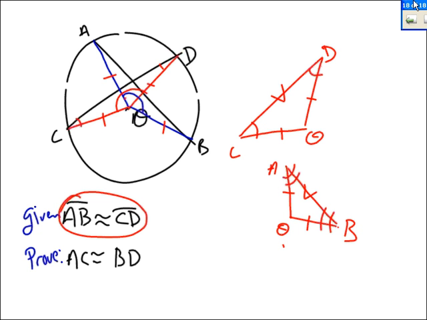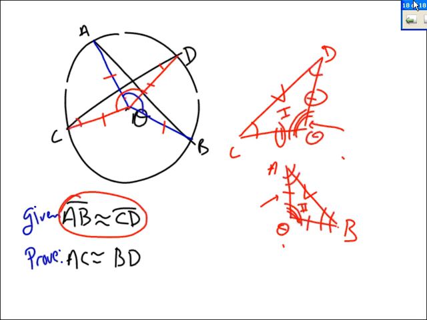This angle, call it 3 slashes. And this angle, they are the same. Okay. Now, triangle 1, triangle 2, they are congruent. And the reason is SAS, side angle side.